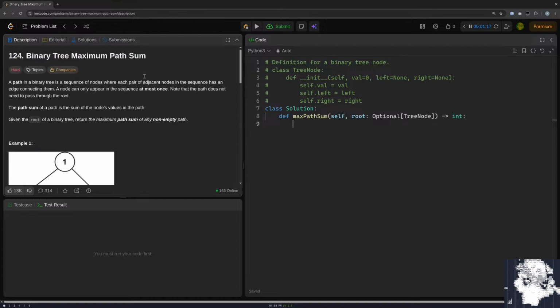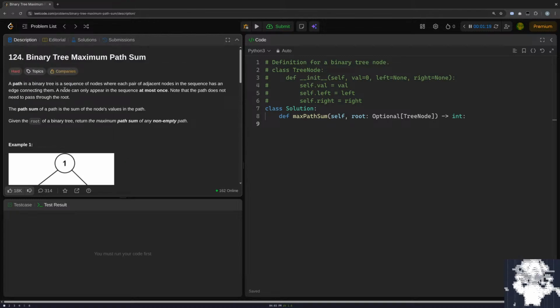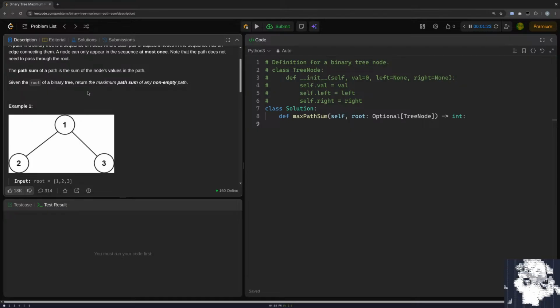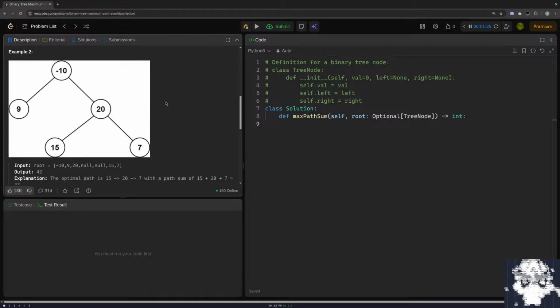It's not a binary search tree, right? No. It's a binary tree. So every node has at most 3 connections. That may be important. Let's think about it.